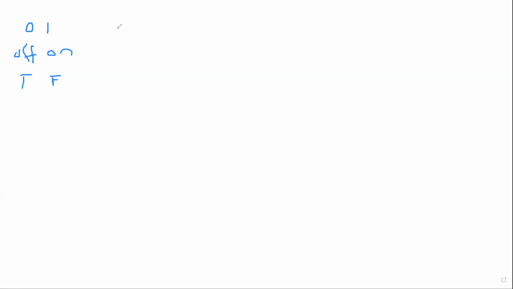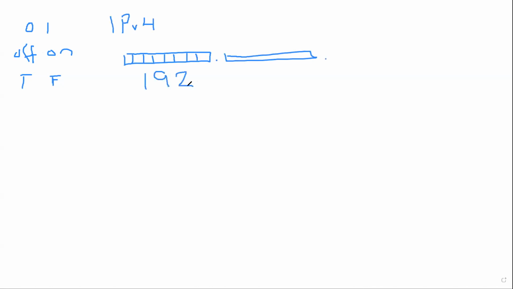So your IPs come in groups of how many of these zeros and ones? 8. 8 for an octet. Right. Each one of these numbers, like the 192, and then you have a dot, is separated, and this is 8 bits.